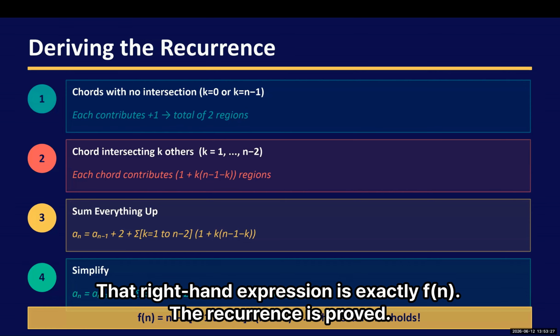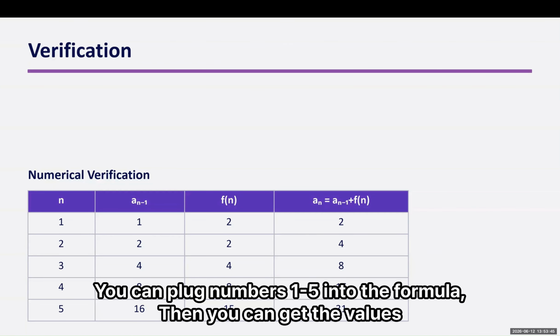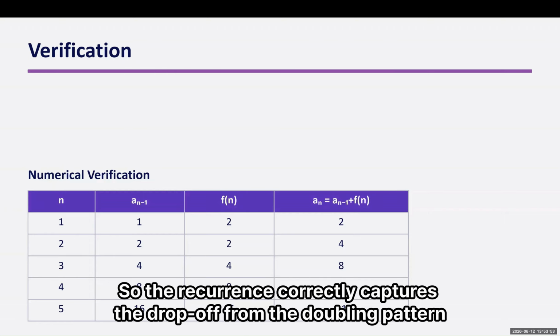That right-hand expression is exactly Fn. The recurrence is proved. We can easily verify with small values. You can plug numbers 1 through 5 into the formula, and you can get the values. So the recurrence correctly captures the drop-off from the doubling pattern.